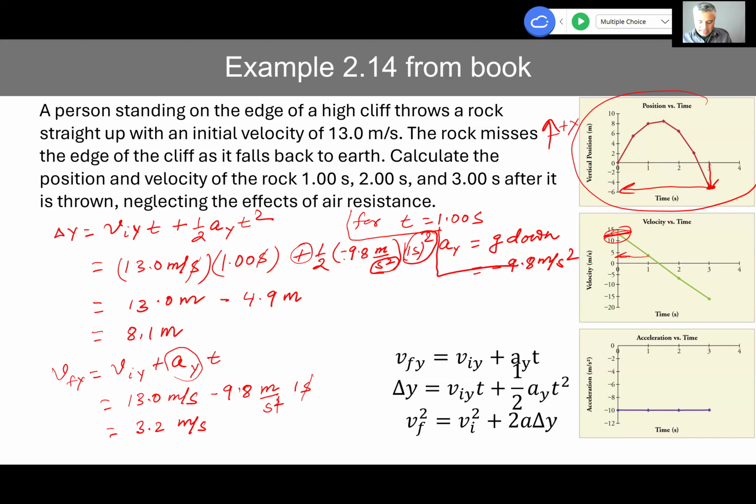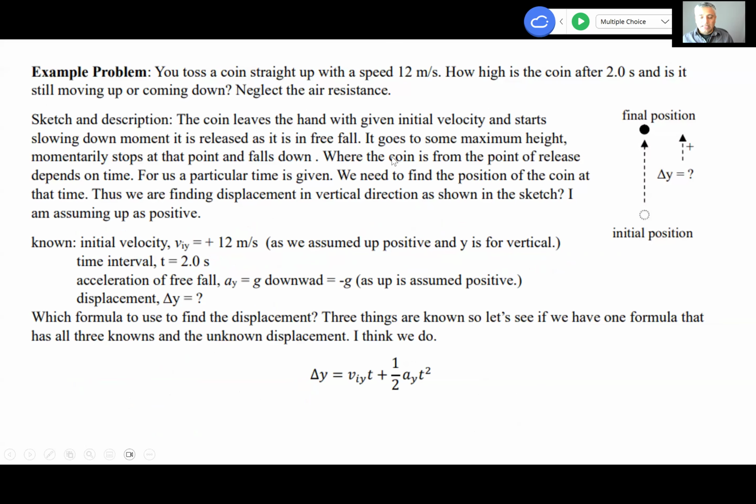So anyway, that's how you solve for different things in free fall. This is also a kinematic equation, basically. All we are doing is using kinematic equations. So see if you can solve this problem without looking at the solution in the book. Try that, without looking at my solution, you can repeat this one more time.